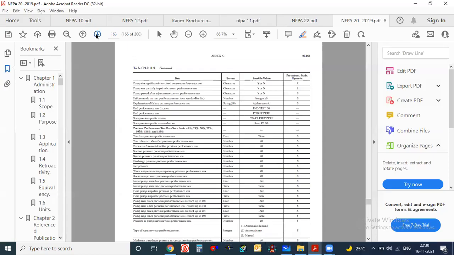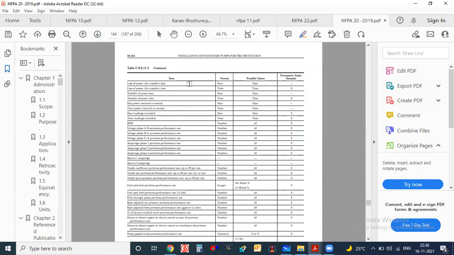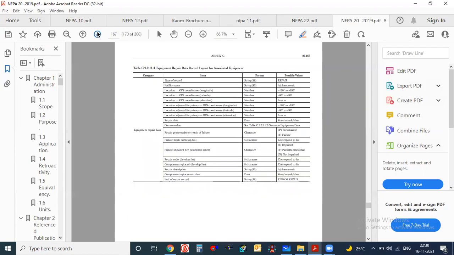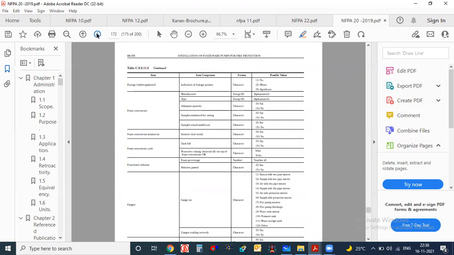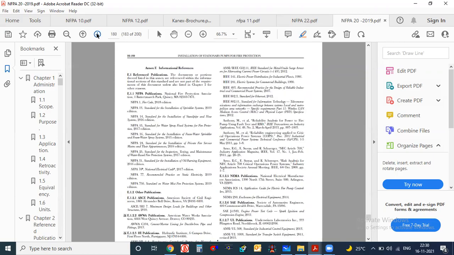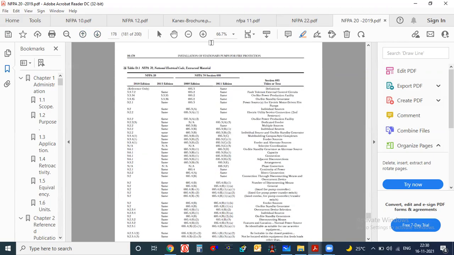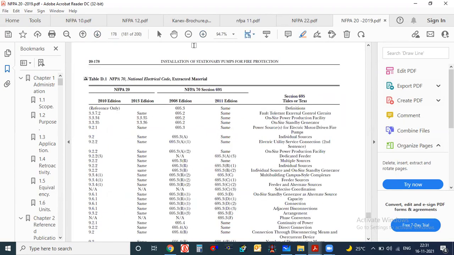Apart from that, some things. Okay, here they are talking about some things. I think this is not required for us. This is only about the maintenance and testing that it is talking about. So many things are given. Basically in this NFPA 20, it is given in depth about the types of pump: centrifugal pump, axial pump, radial pumps.